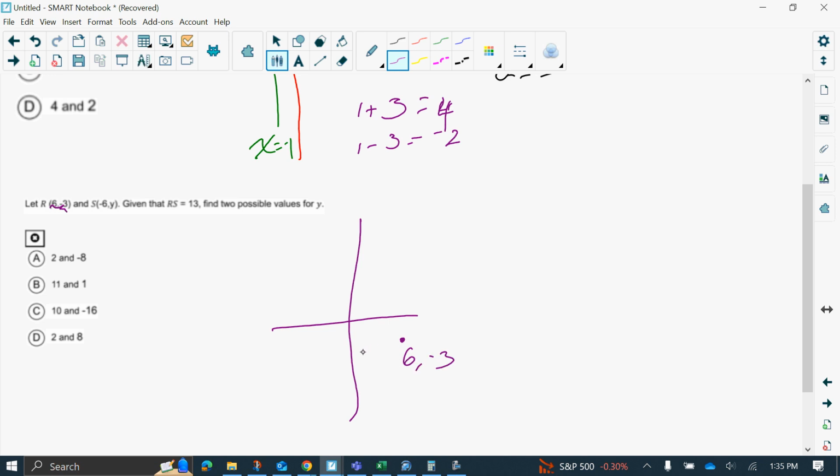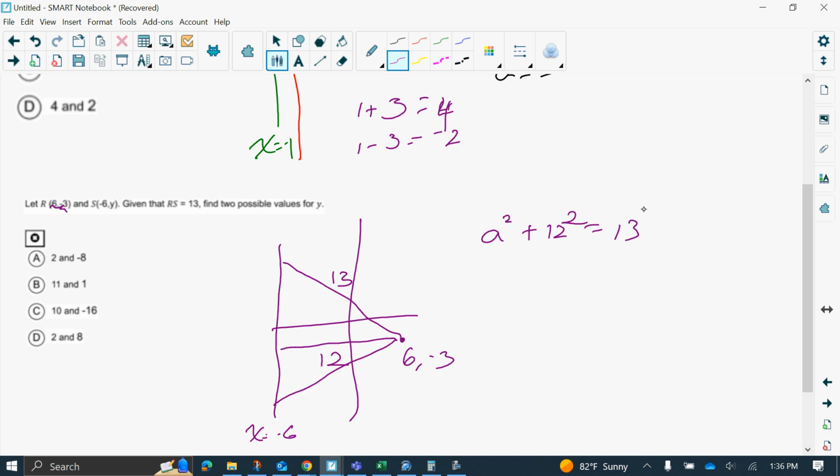And we've got -6 y. Well, again, from here to here, this time it's going to be 12. They tell us the distance is 13. So that's a squared plus 12 squared equals 13 squared.